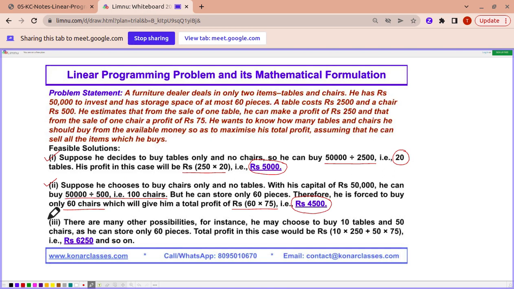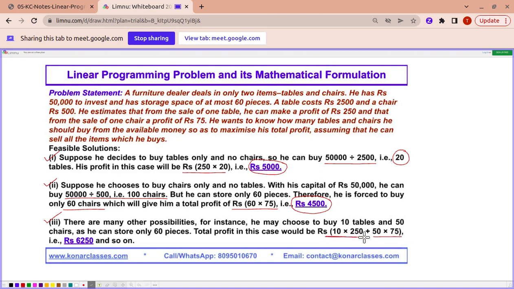In the third case, suppose he buys 10 tables and 50 chairs. Then the profit from 10 tables will be 10 into 250, and from the 50 chairs it will be 50 into 75.